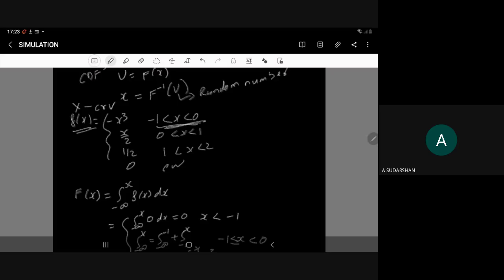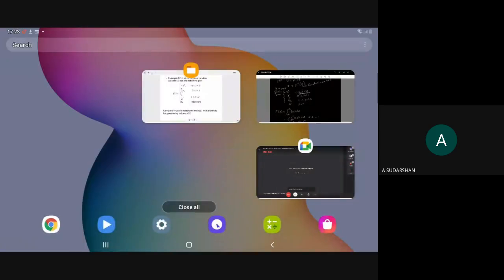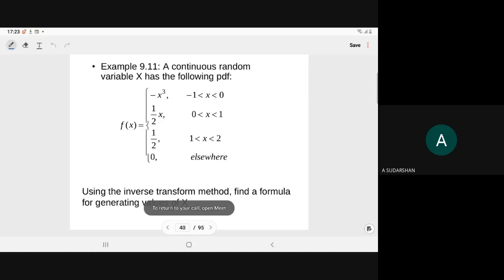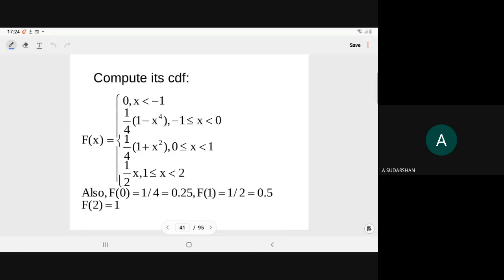Clear? Let us have some more example. That is written here, complete thing.